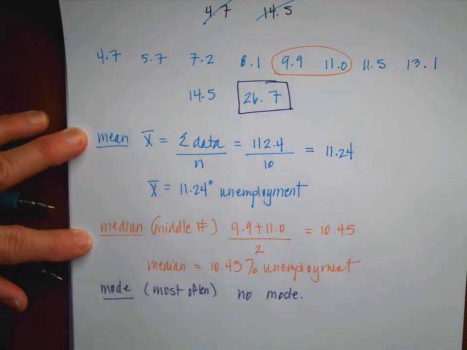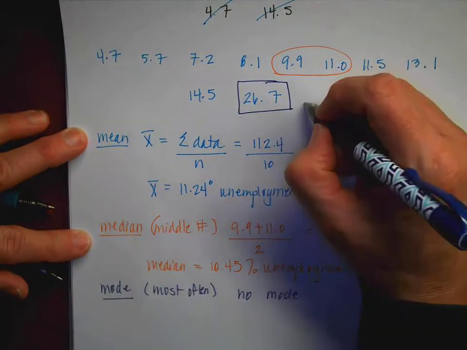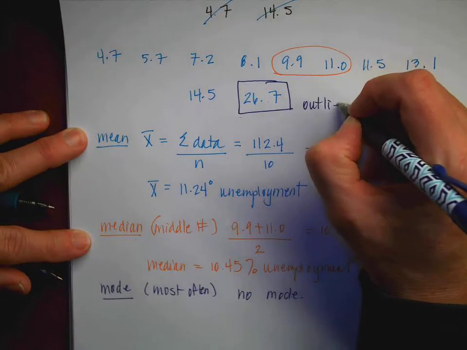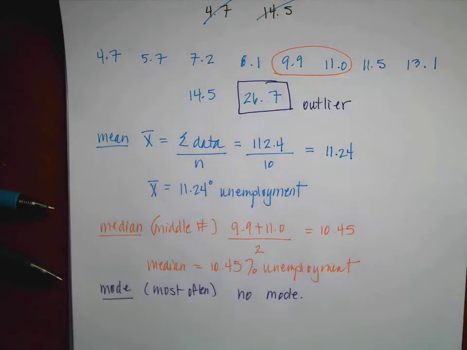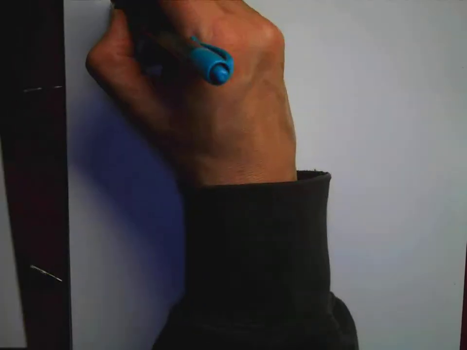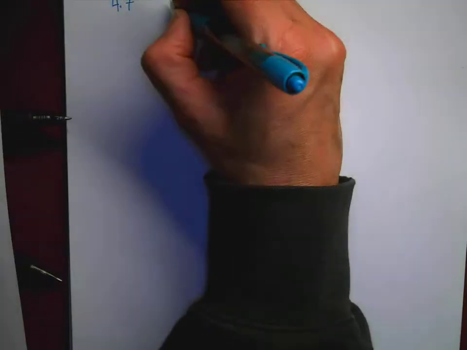But let's look at this number right here. That number is significantly different than all of the other data points, and so it's possible that that number is an outlier, okay? So let's see what would happen to the mean and the median if we took that number out. So I'm going to redo our calculation.